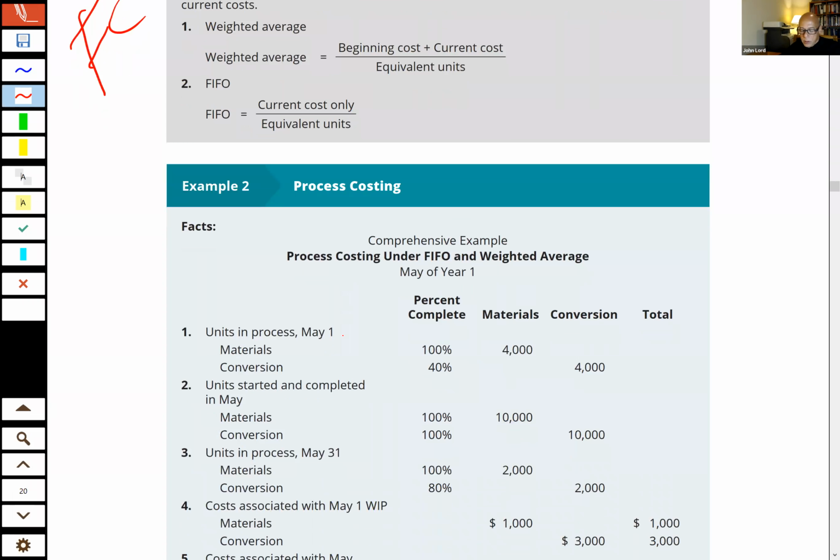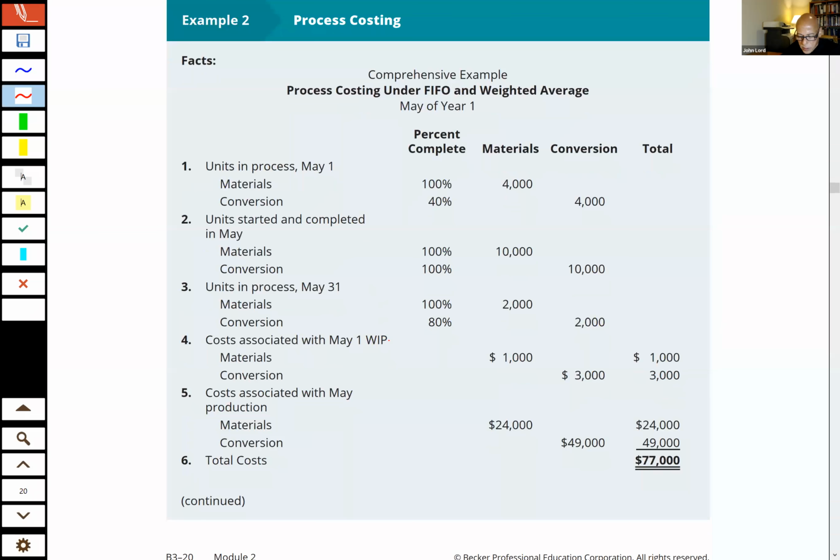Okay, so now we look at the example here. Notice we have these different things, and we have the materials. First thing to take away from this: materials are 100% complete at the beginning of the period, so there will be no equivalent unit calculations for our materials. For our conversion, our beginning inventory was what?